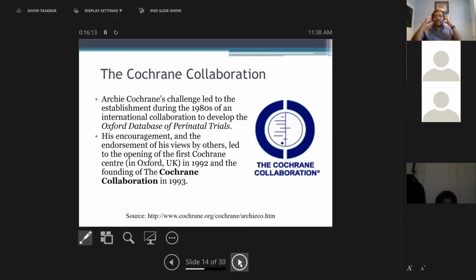And in the 1980s, Sir Ian Chalmers, who's like the founding father of Cochrane Collaboration, began something called the Oxford Database of Perinatal Trials, trying to accumulate all the randomized trials on just perinatal research, mother and babies. And then that then became finally the Cochrane Collaboration in the year 1993.